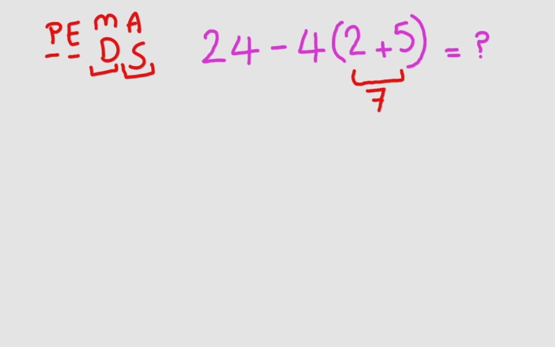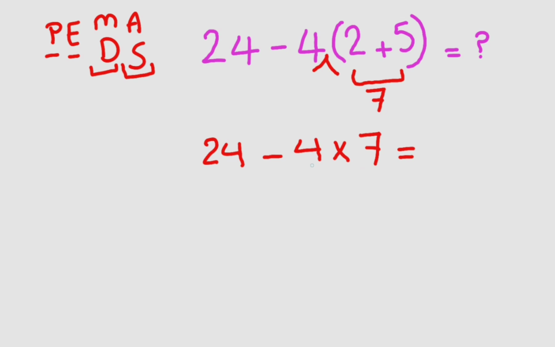Now let's rewrite the expression: 24 minus 4, and we have one multiplication here, times this 7, equals. According to this rule, we have one multiplication here and one subtraction here, so we have to solve the multiplication first.